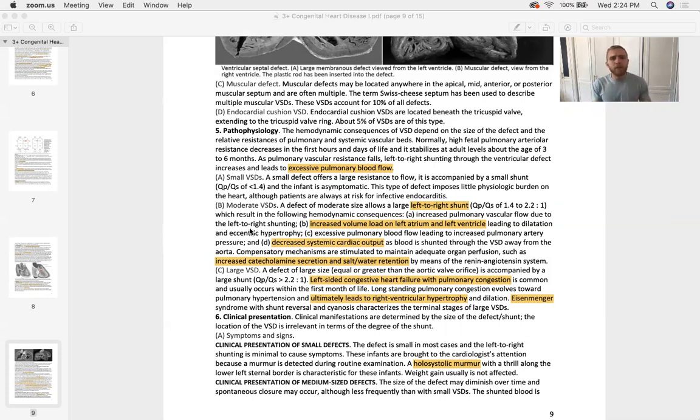And so the response to this, your body thinks that you're hypovolemic. Your body thinks you literally don't have enough blood volume. And the truth is you don't, not in your systemic circuit, because it's all tied up in your lungs, because you're spilling it back over into your lungs from the left side of your heart through this hole in your ventricular septum.